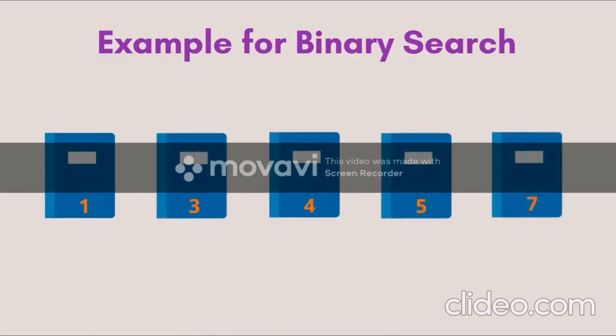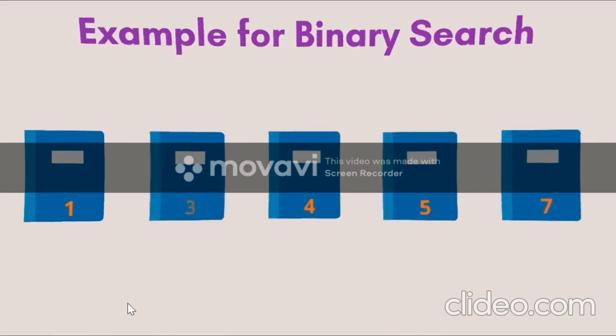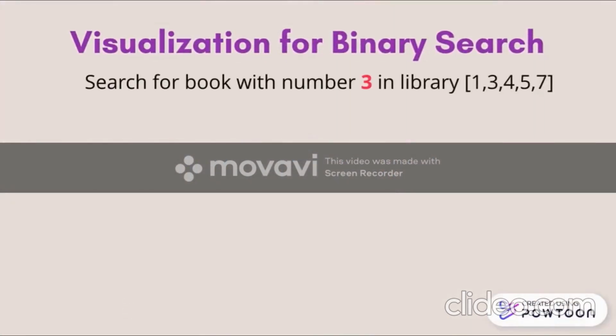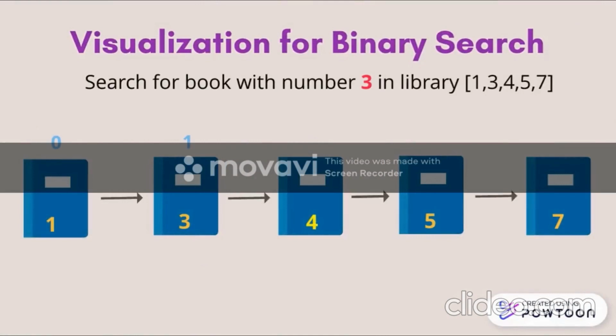Consider a case of 5 books containing the following numbers that are 1, 3, 4, 5 and 7, where we search for a book with the number 3. The blue numbers, that is 0, 1, 2, 3 and 4, indicate the position of each book, which is similar to position of elements in an array.